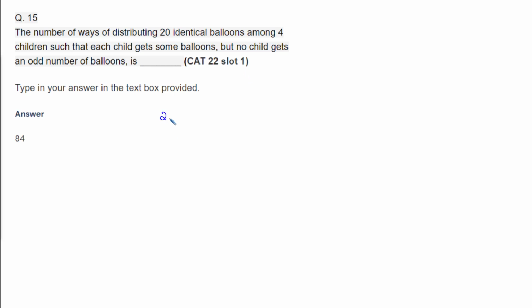It means, let's say the balloons that the first child will get is 2 times A. Second child will get 2 times B, 2 times C and 2 times D, because we want an even number. And every child will be getting some balloons. It means the value of A, B, C, D cannot be 0. So A plus B plus C plus D is equal to 10.